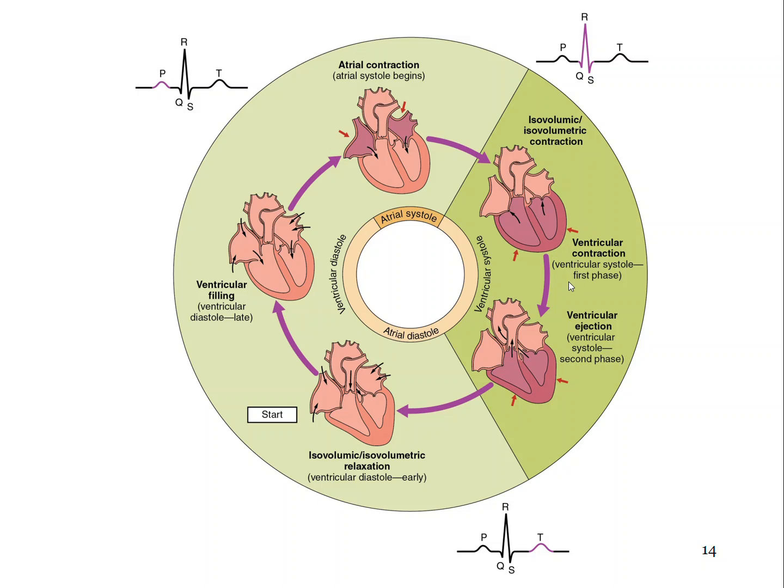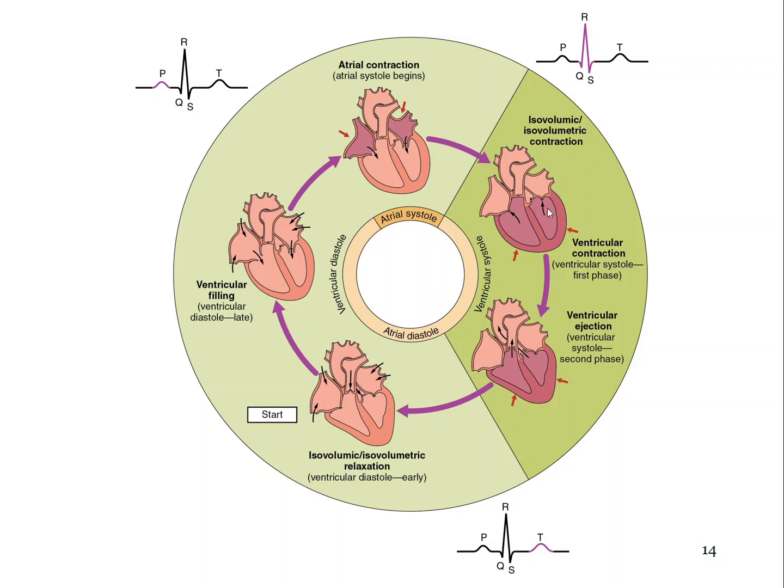Here we have isovolumic or isometric contraction. Why? Because here we have contraction, but all valves are closed. So the pressure is increasing, but the volume is stable. It's completely opposite to the previous condition. Here we have an increase in pressure, but no change in volume.